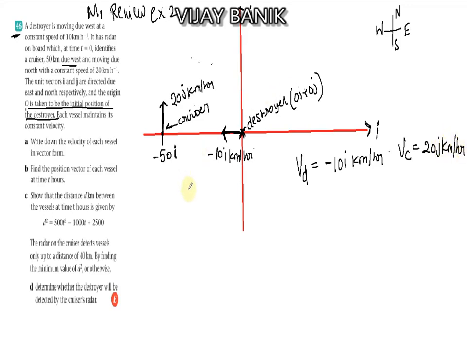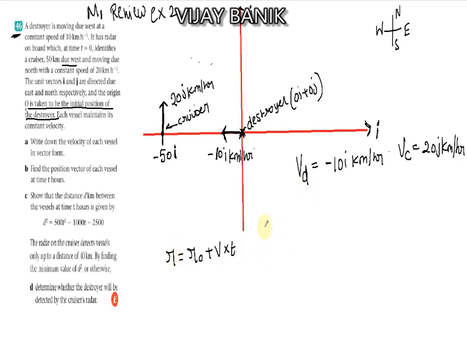Now find the position vector of each vessel at time t hours. Basically they are asking us to find this equation. I hope you know that if you know the velocity and initial position vector of an object, you can find where it is going to be after a certain time t. The equation is: final position vector equals initial position vector plus velocity times time.